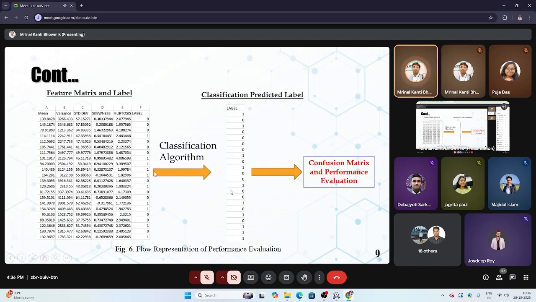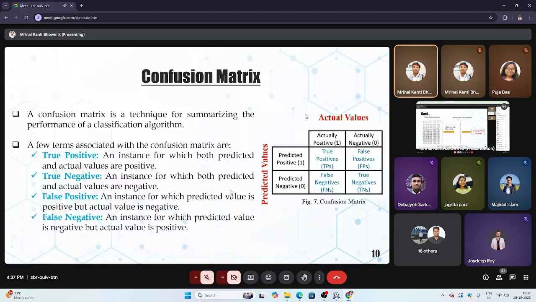Then after applying the classification algorithm, we get certain labels, which we call machine predicted labels. It also gives the output as 1 and 0. Based on these two results, the ground truth labels and the machine predicted labels, we calculate the confusion matrix, and the performance evaluation is done from the confusion matrix. So what is actually a confusion matrix?